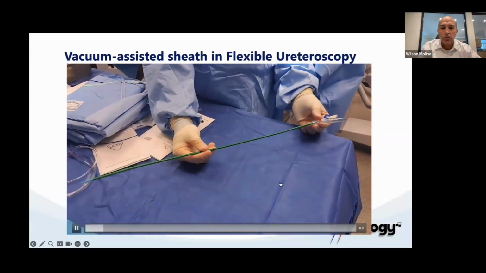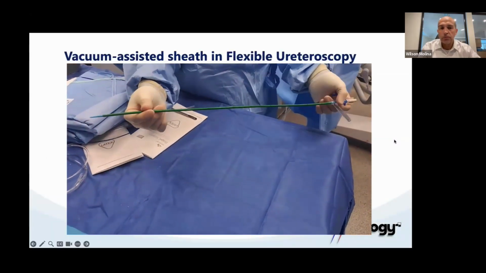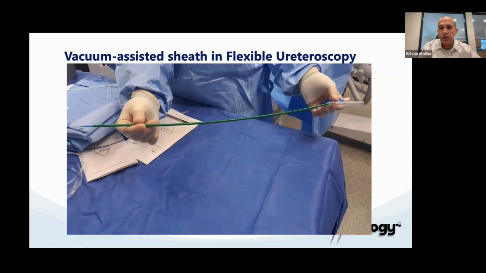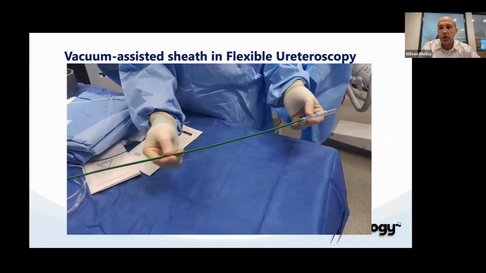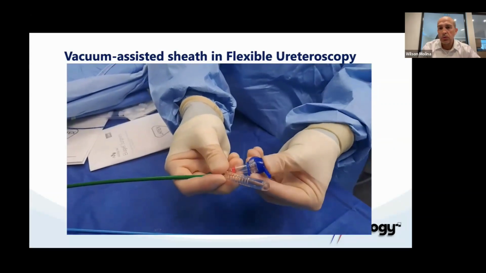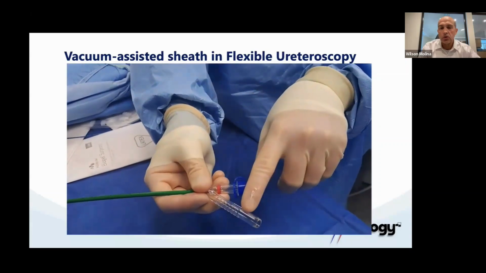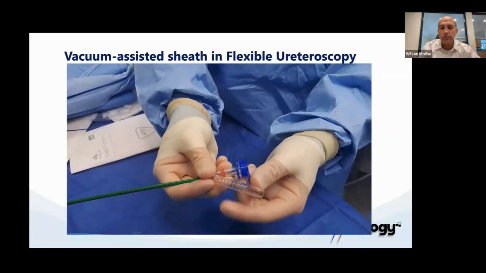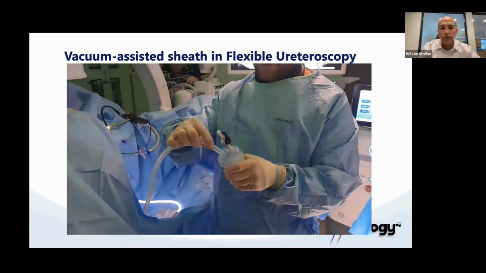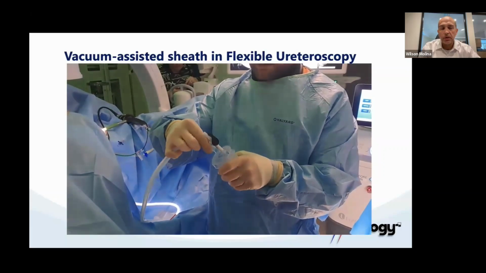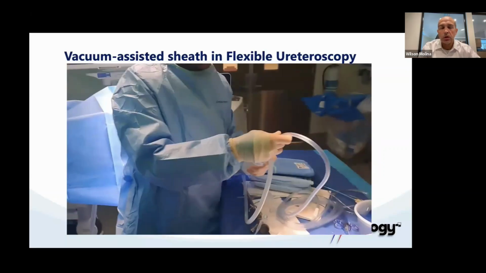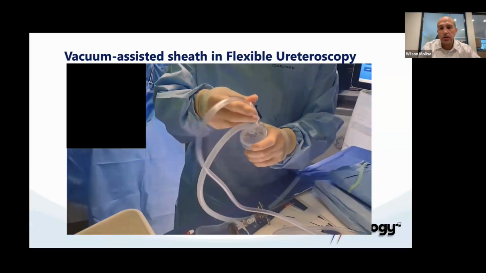I was really fortunate to be one of the few that used the Cleopatra sheath here in the US. We were probably the first ones to use it once they started distributing. Probably everybody's aware of the Cleopatra sheath, but basically it's a ureteral access sheath with a suction possibility. Here's a canister.